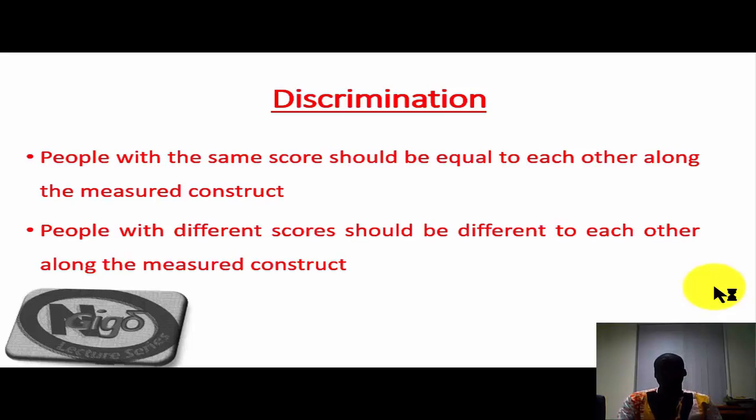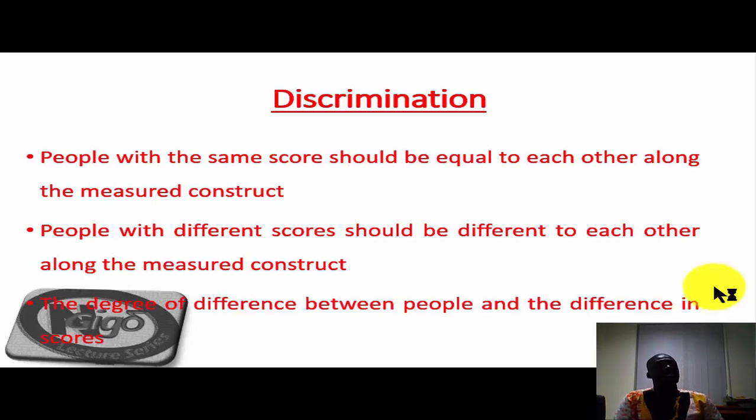Then the next one is that the degree of difference between people and the difference in scores should also matter. So I have 3 people that have answered that particular question. One person scored 50, the other person scored 60, and the other person scored 80.